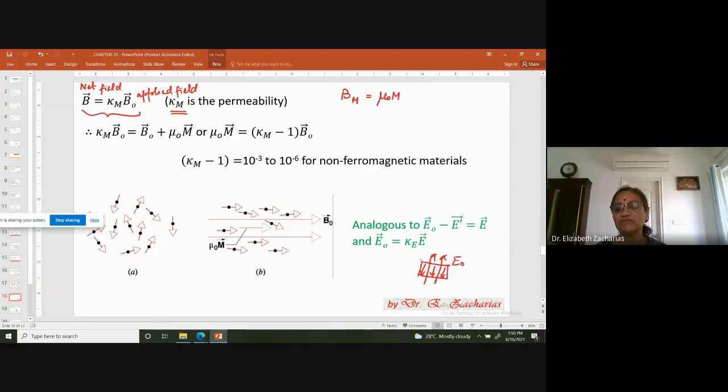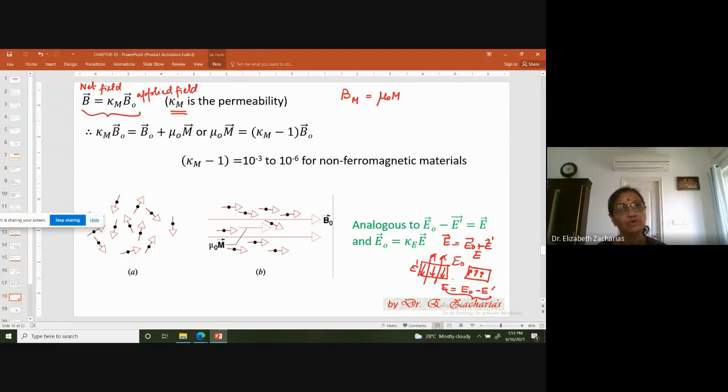So the polarization field that you got was E prime. As a result, you had a lesser field inside the material, E equal to E naught plus vector E prime, or if you remove the vector sign, E equal to E naught minus E prime.